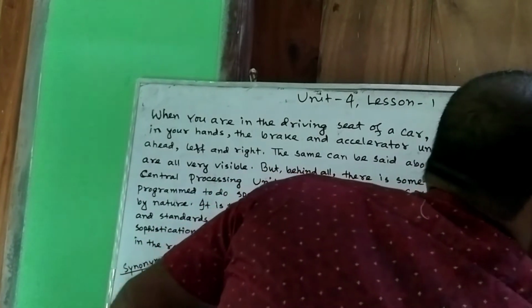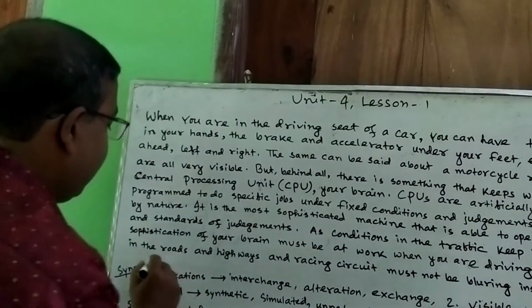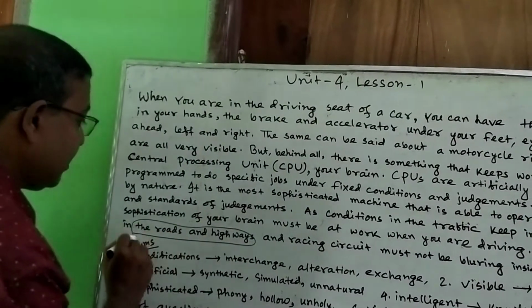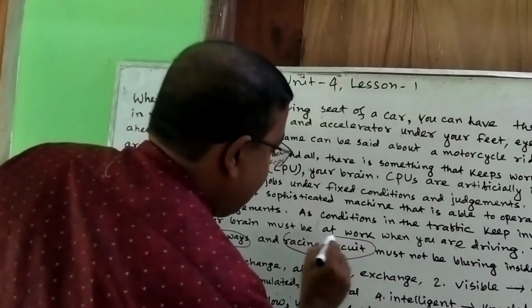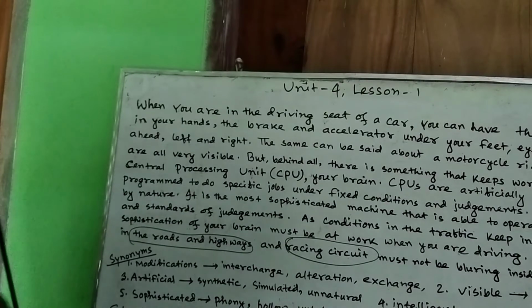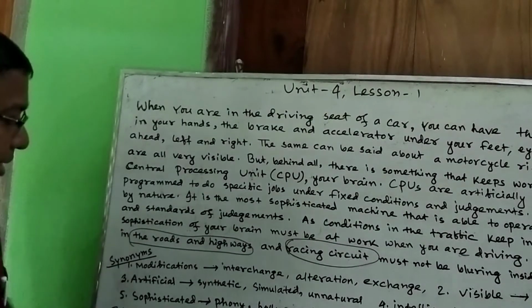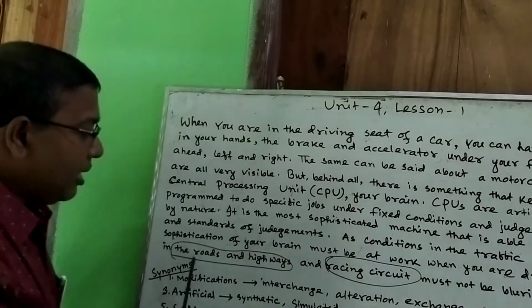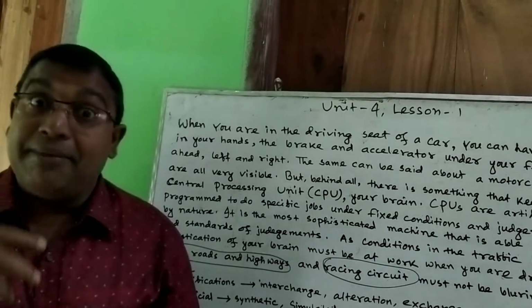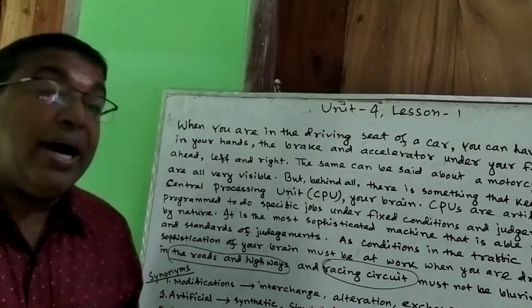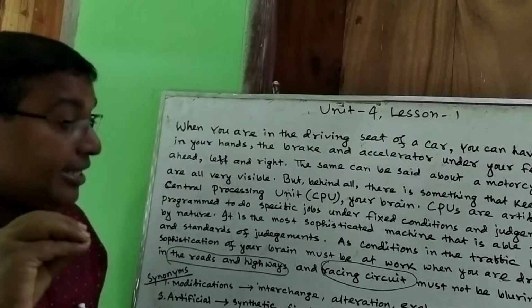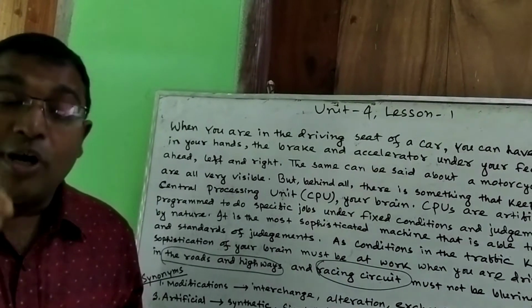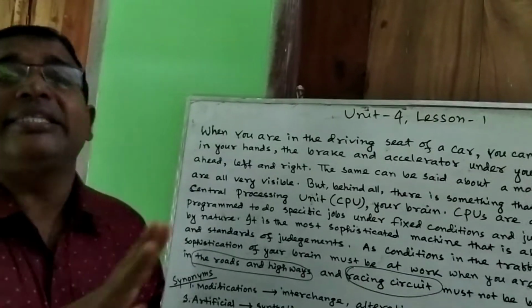There is a difference between traffic on the roads and highways and traffic in the racing circuit. That is, on roads and highways driving is more challenging, but in a racing circuit driving is not so challenging.